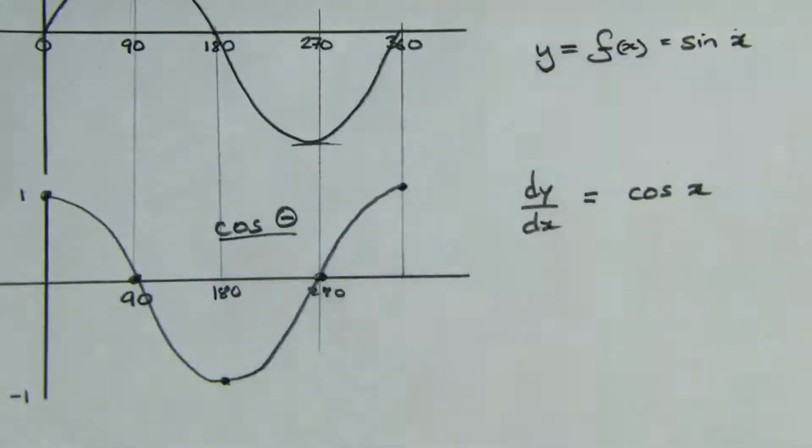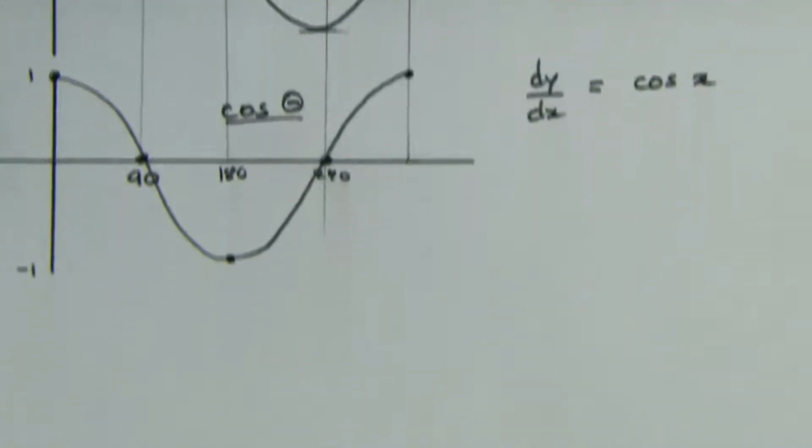And we know where we're going. So let's now see if we can try to do this from scratch and see if we can work out what goes on when we differentiate sine. So let's see what we can do.